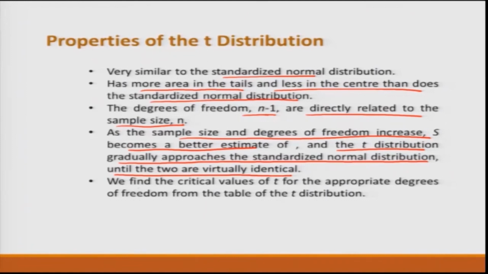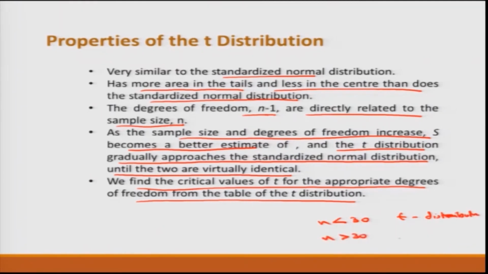We find the critical values of t for the appropriate degrees of freedom from the table of t distribution. So, if the sample size is generally less than 30, we apply the t distribution. If it is greater than 30, it is normal distribution.